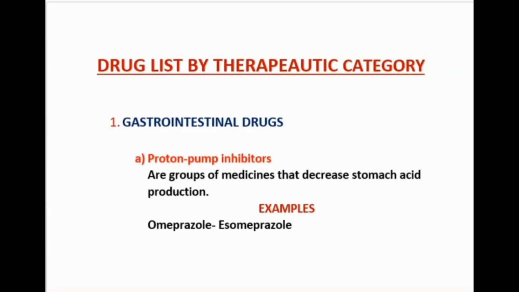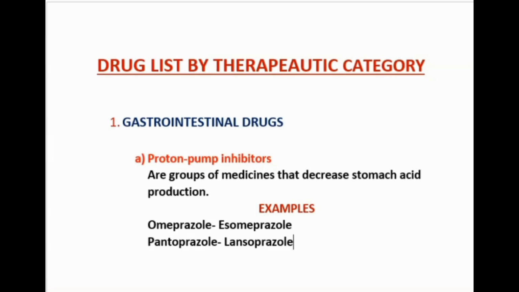The third is pantoprazole. The fourth is lansoprazole. These are groups of medicines that decrease stomach acid production.